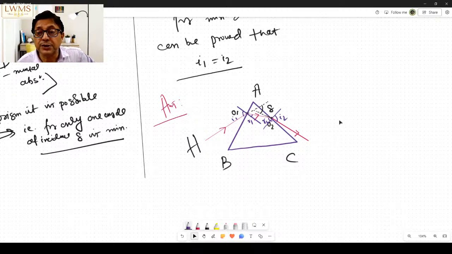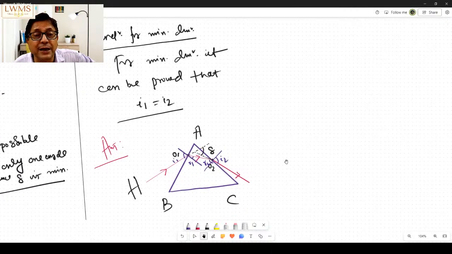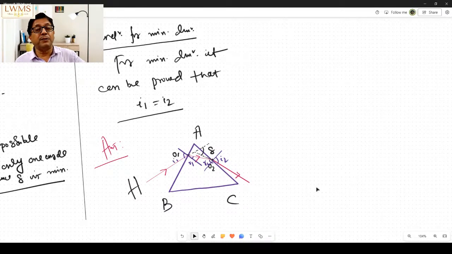So to prove this, I'll give you the logical proof. There is a very interesting proof by using calculus. You might be very much interested in that, but I'm thinking for all of you, without much mathematics, how by using logic of physics we can get it.